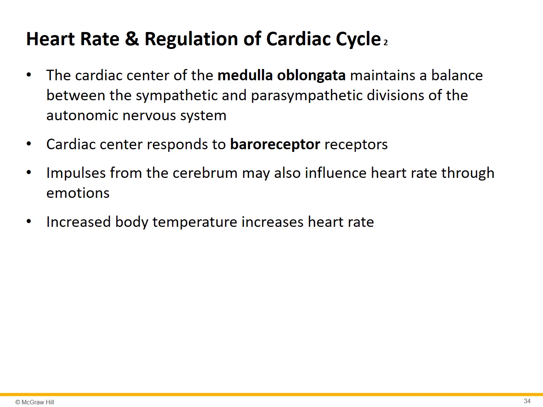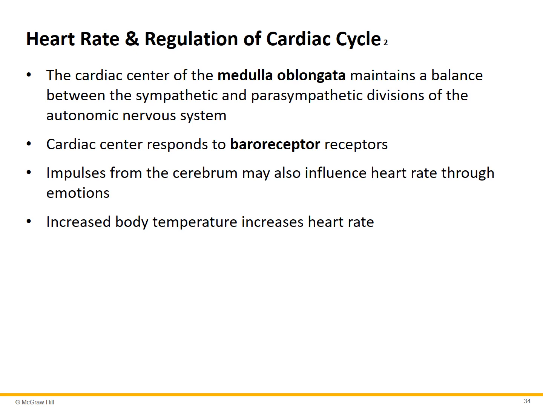The cardiac regulatory center is found in the medulla oblongata. This is an area of the brain stem, and it maintains a balance between the sympathetic fight or flight and parasympathetic divisions, rest and digest, of the autonomic nervous system. The cardiac regulatory center receives information from baroreceptors.